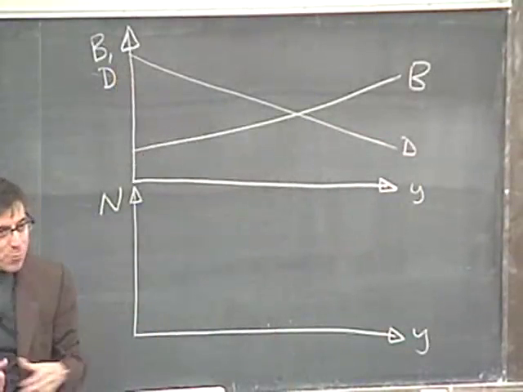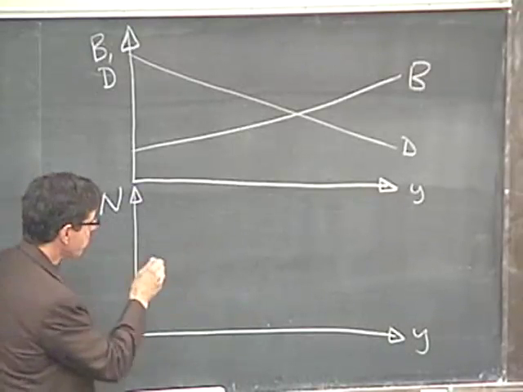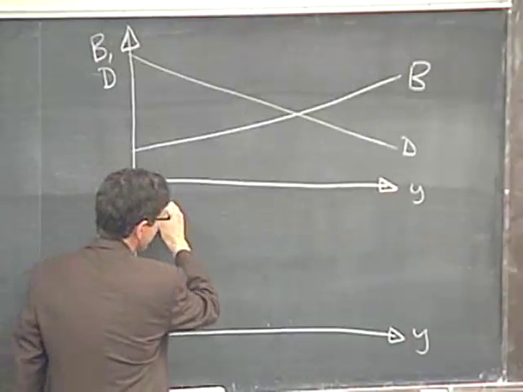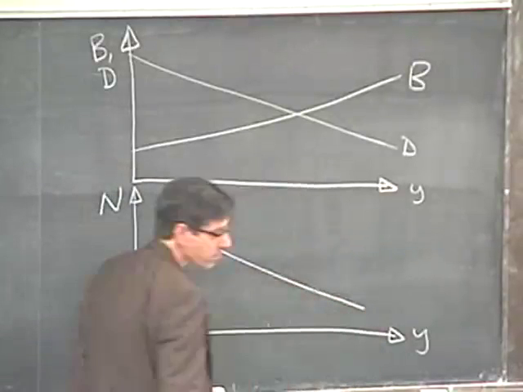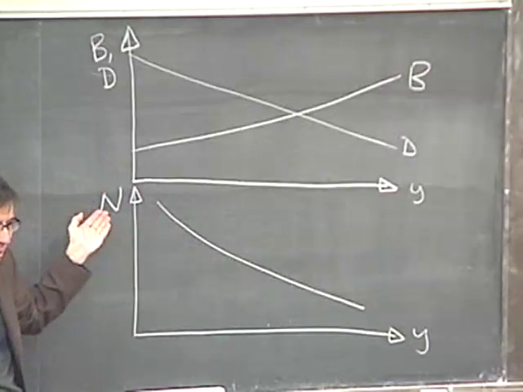There'll be a death rate schedule, a declining frequency of deaths per head of the population, again, as incomes increase. Okay? And then this third assumption, which is graphed down here, says that the relationship between population and income will look like this. Okay? It'll have this inverted shape.